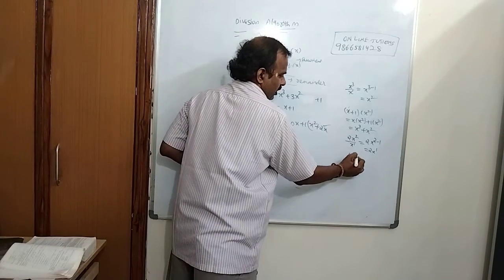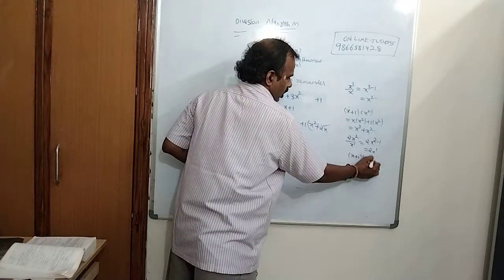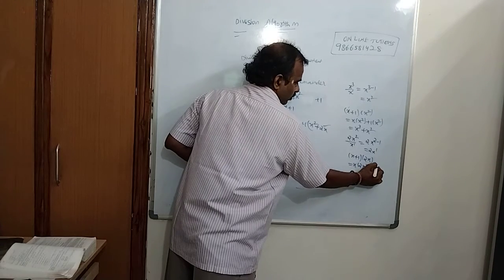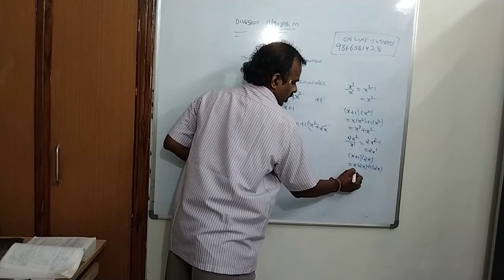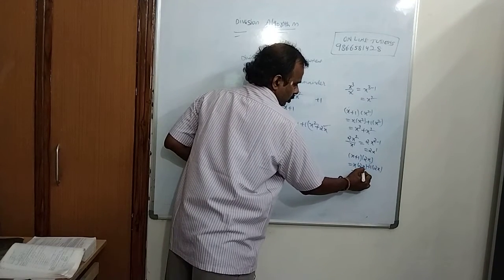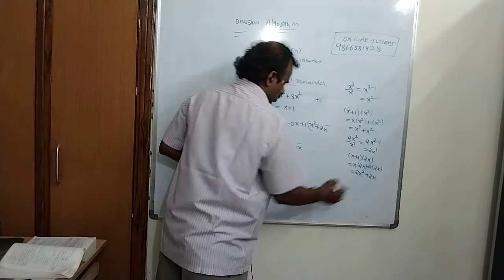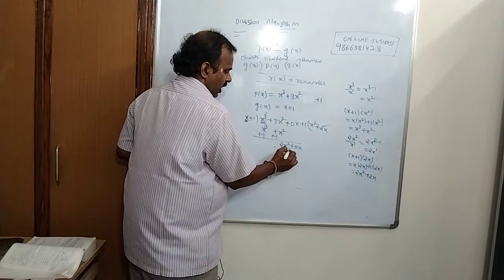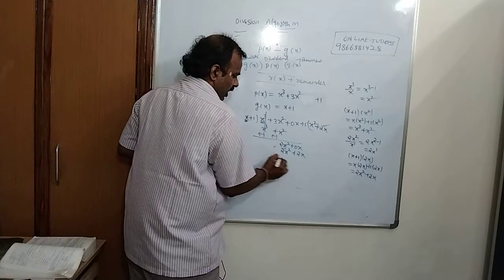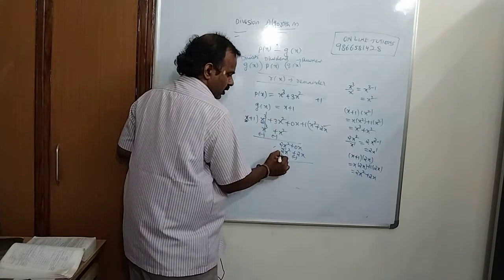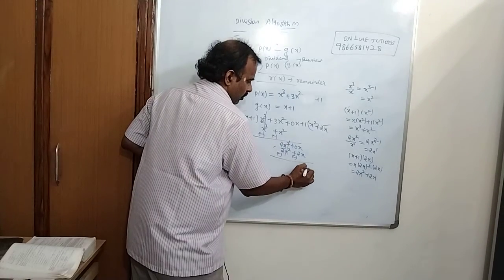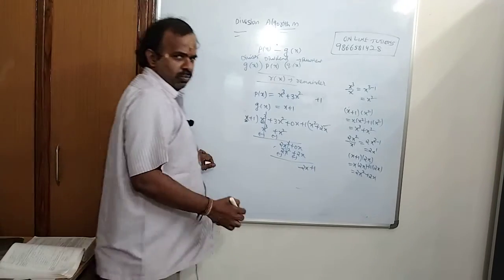So what do we get? x into 2x plus 1 into 2x, so it is 2x square plus 2x. Write the same thing here, 2x square plus 2x, minus, these two will get cancelled. Now here minus 2x plus 1.